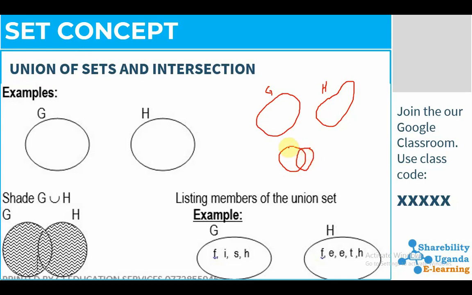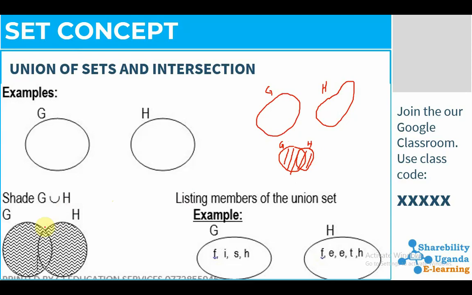Then after drawing all of them together, if this is G and if this is H, I know it is looking very small, but when they say find what is G union H, the best thing to do is to shade all this. You shade all this. That is a union of G.